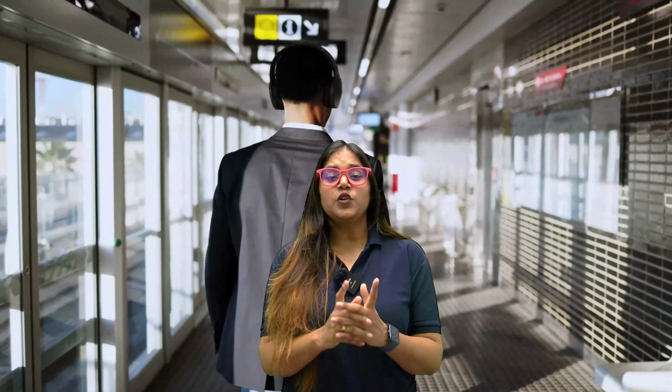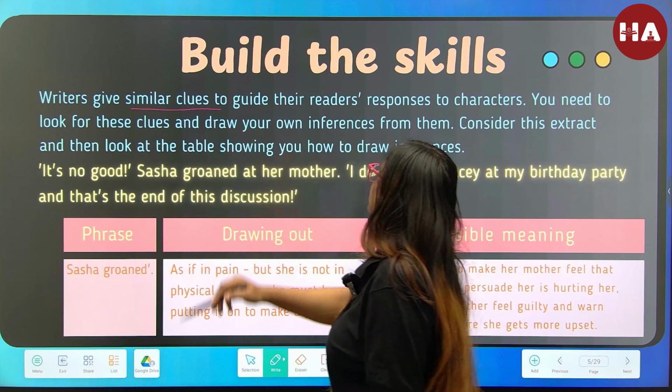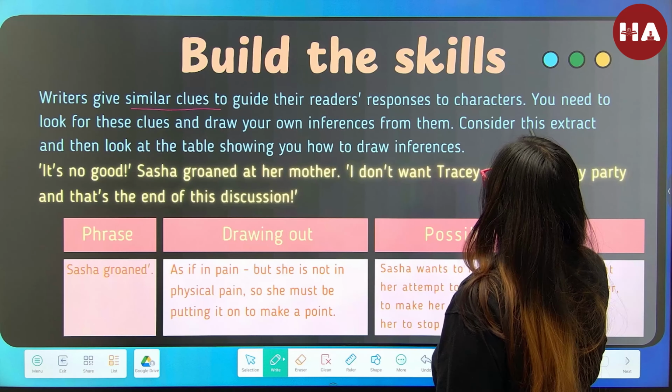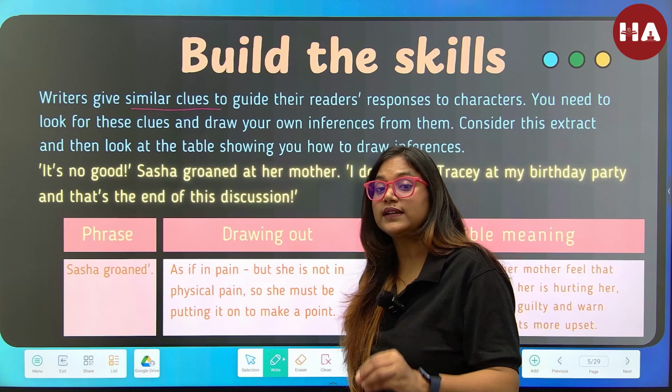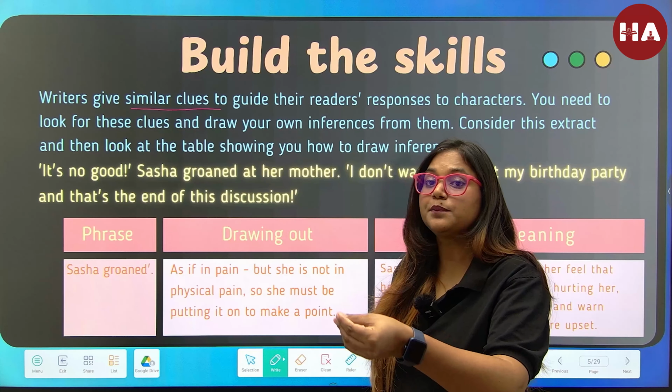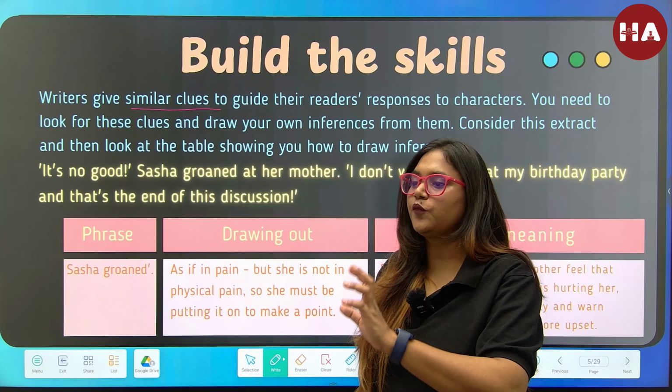So writers give similar clues to guide their readers' responses to characters. You need to look for those clues which will tell you what the writer means to say about that particular character, because a writer won't say that.